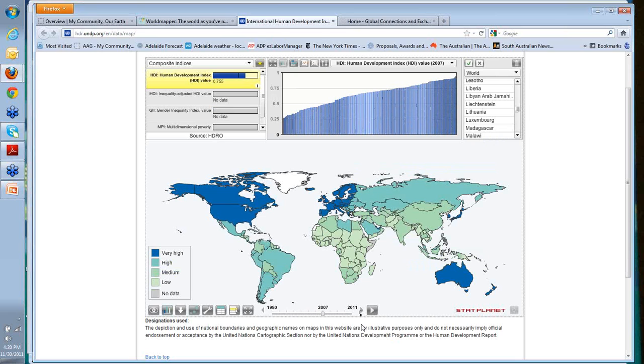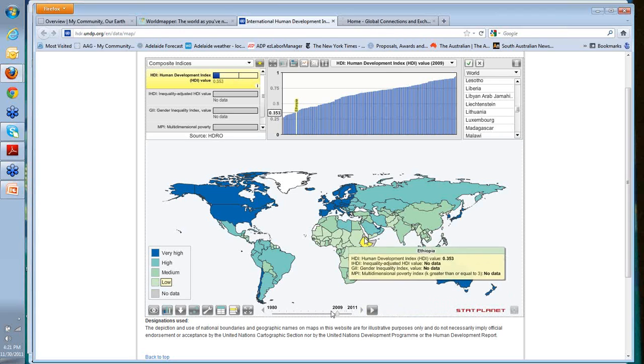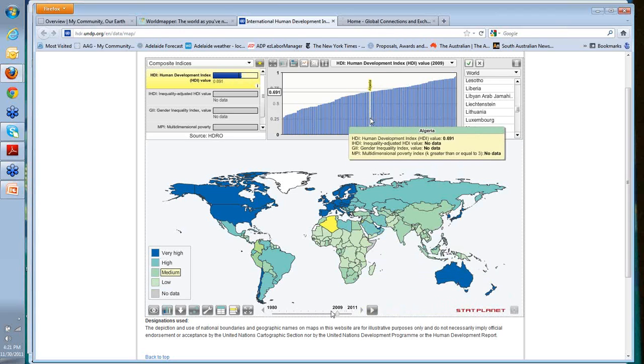When you roll over a specific area, you'll notice that since 2000 we're incrementing at a different rate. This is a good thing to point out to students in that the time scales are a little different, and to make sure that they watch so they know which year they're looking at for data.